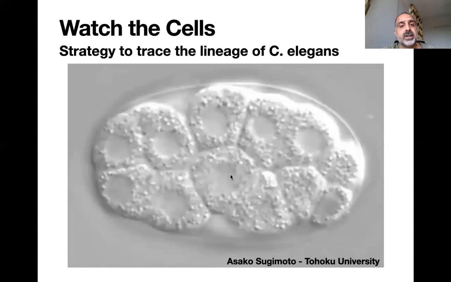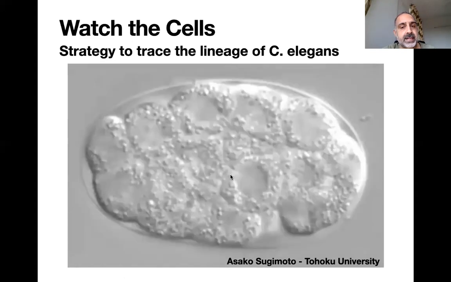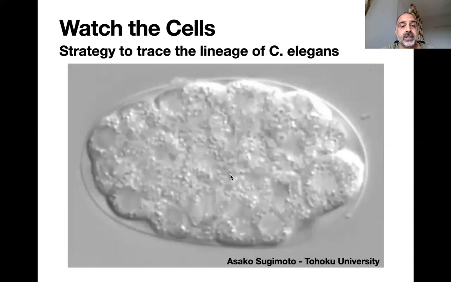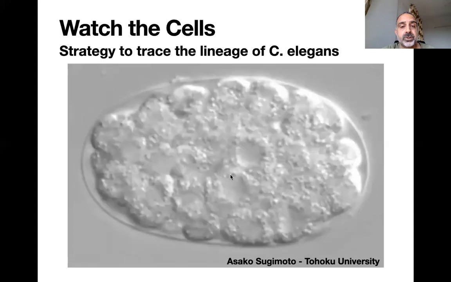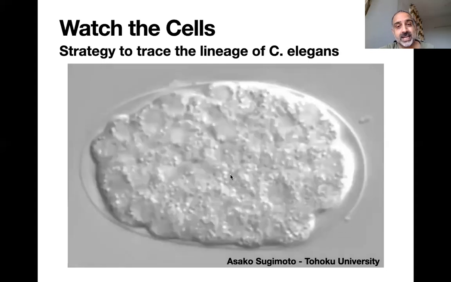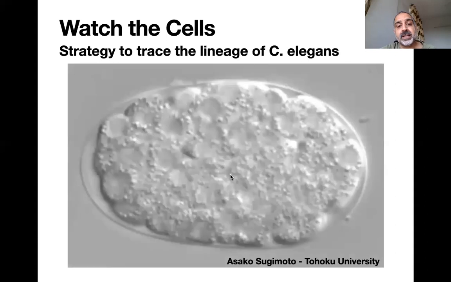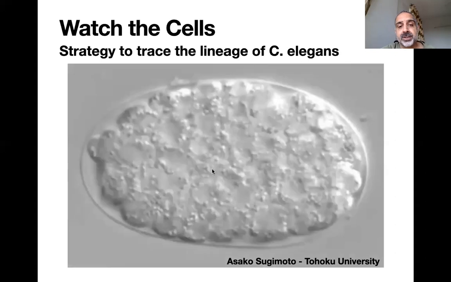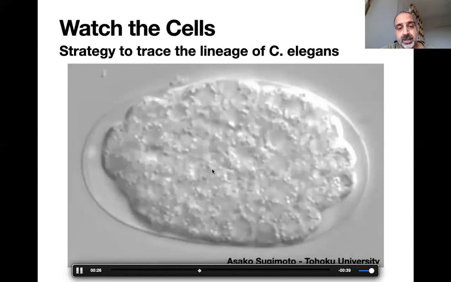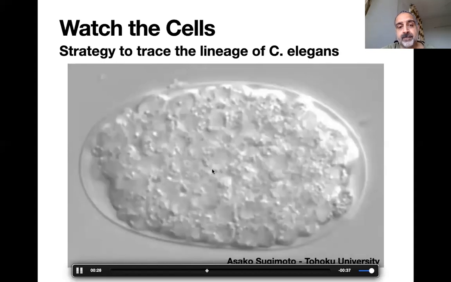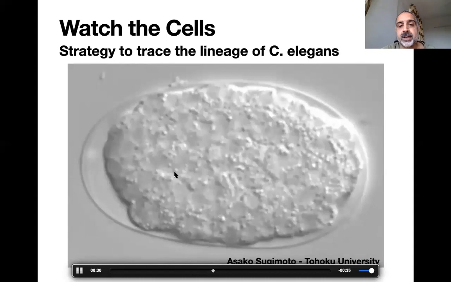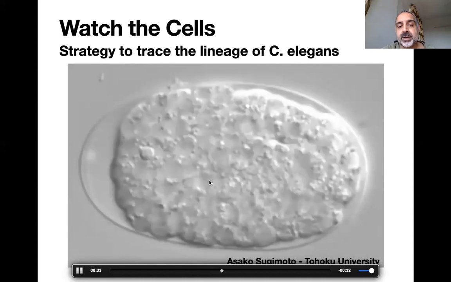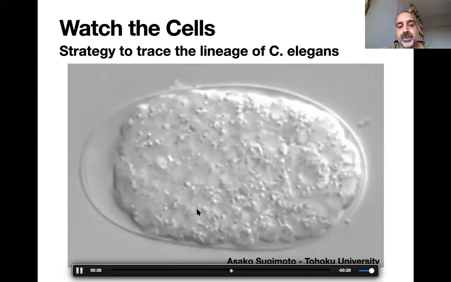A classic paper from 1983 by John Sulston basically traced each descendant of all of these cells by light microscopy. Light microscopy, some labeling, but not much. Just asking where they can track these cells.